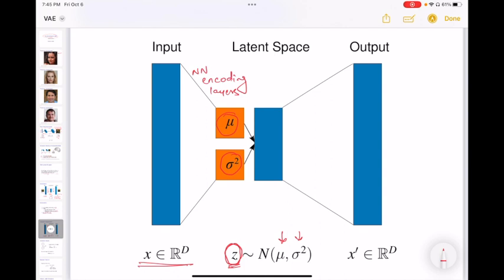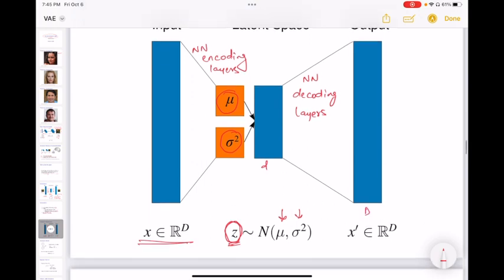And then using the Z, which is sampled from a distribution and is not a direct value anymore, we pass it through a bunch of neural network decoding layers that increase the dimensionality of the embedding from small d dimensions back to capital D dimensions. And here what should happen is that this capital D dimension image X prime should be the same as X, like there should be minimal loss between the recovered image and the original image.